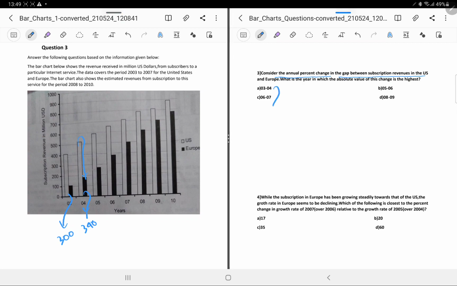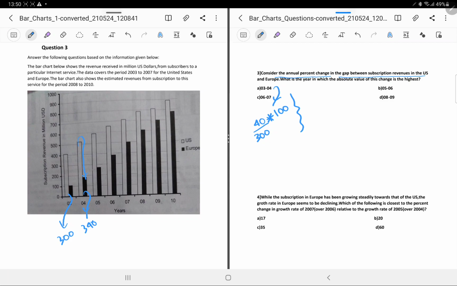For example, if you talk about 03 and 04, this gap is 340 and this gap is 300. So the percentage change is 40 by 300. This is what they are asking. So this is the gap in 2003, this is the gap 340, and the difference would be this. So this is 40 by 300 into 100.